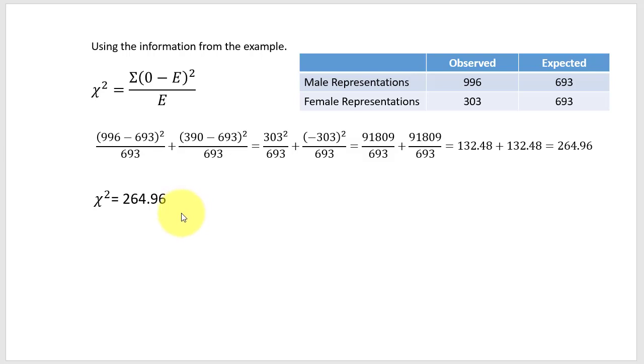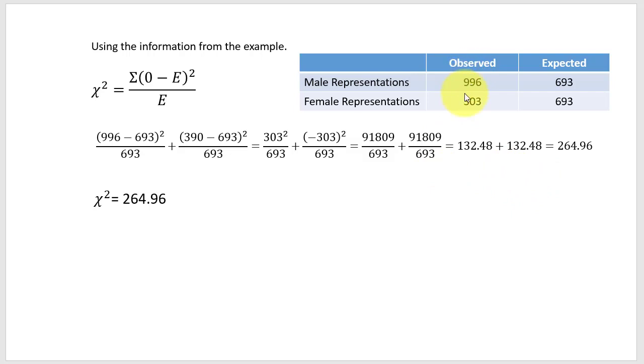Good question. 1. If these two numbers are exactly the same, our chi-square statistic will equal 1. So if we observed, for example, 693, and we expected 693, all of our math would equal 1, which would mean that we would have exactly the observed frequency that we expected.